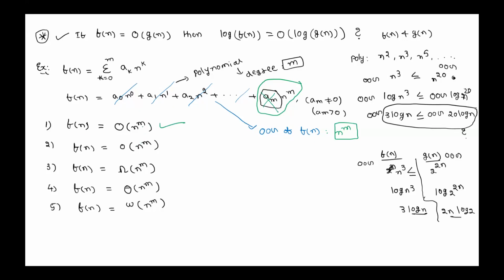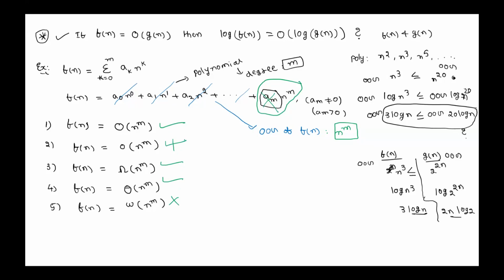Once we know the order of growth of the given function, it's a matter of seconds to decide whether a statement is true or not. The first is true. The second is false. The third and fourth are true, and the fifth one is false. Is there any doubt in this? No doubt.